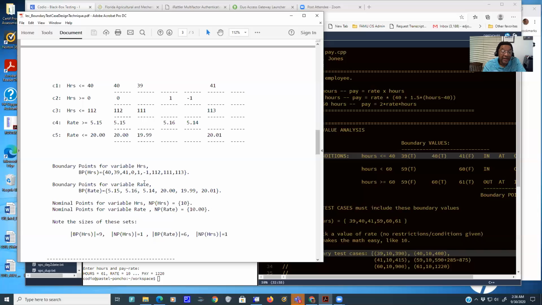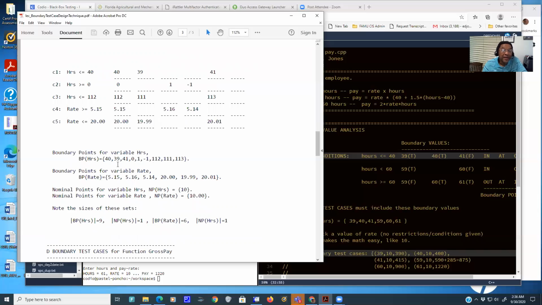And as we said in class, you can take each one of these boundary values for hours and pair it with a constant value for rate. As I showed you earlier, use a simple rate. The only requirement is that the rate you use be away from any of the rate boundary points. So in this case, if you use 10, you're safe because there's nothing close to 10 here. Is that clear? All right.